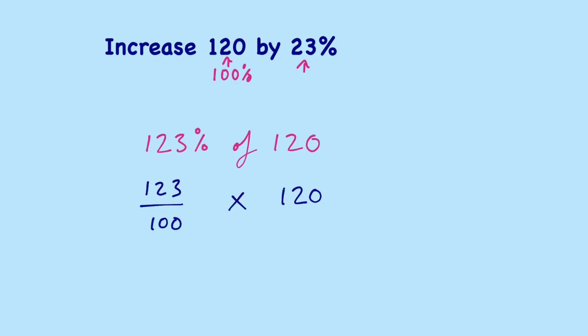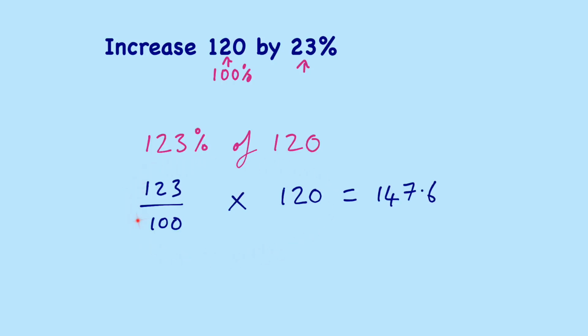Therefore, we can put into the calculator 123 divided by 100 multiplied by 120, and we get the answer of 147.6. With our non-calculator method, we would have found 23% of 120 and then added it on to my original 120. However, as you can see, this method is a lot quicker.